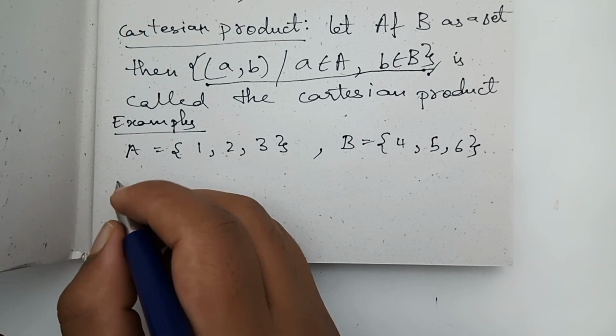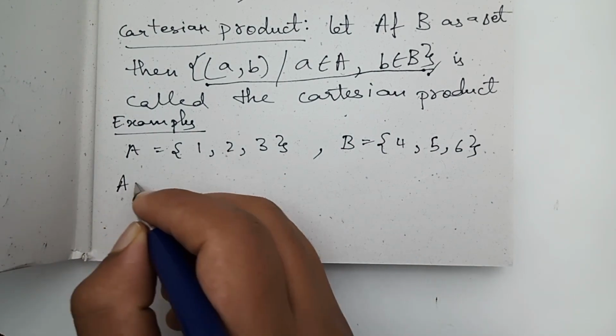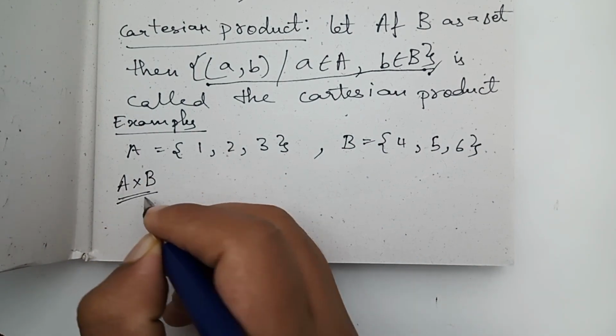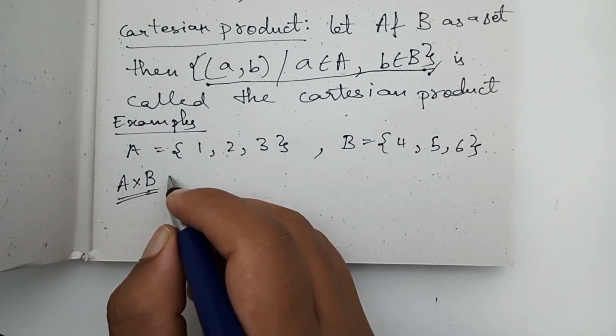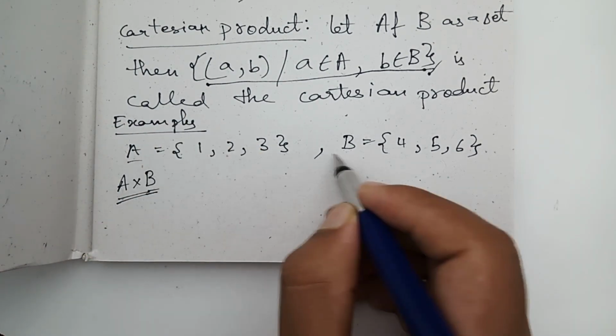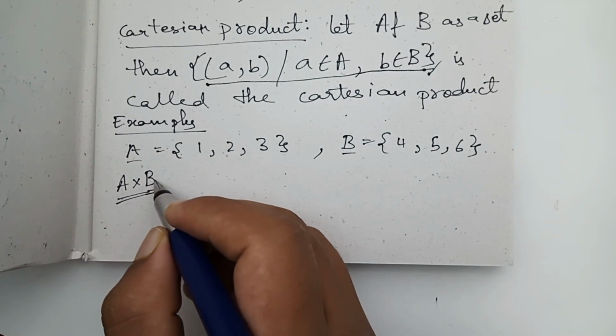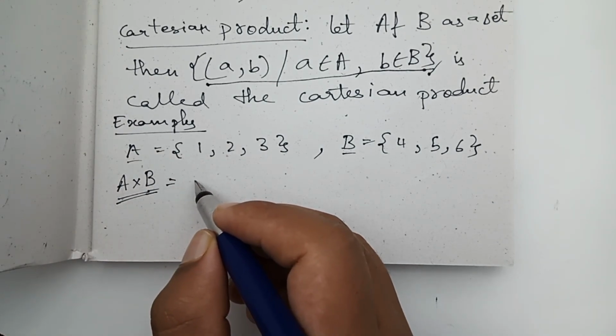So the Cartesian product is represented as A into B. This is the way the Cartesian product is denoted: for A and B, it is capital A into capital B.